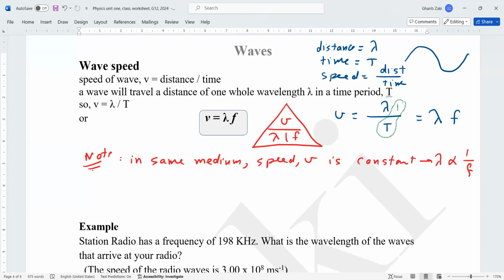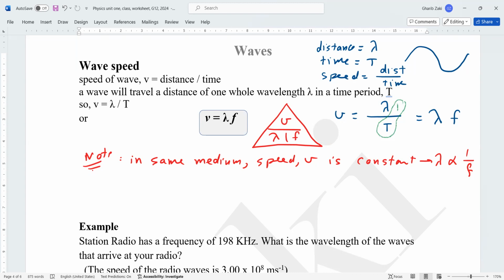What happens if the wave transfers between two different mediums? For example, from air to glass, or from air to oil, or from oil to water, or from water to oil. Different mediums mean different densities, so there will be different speeds.